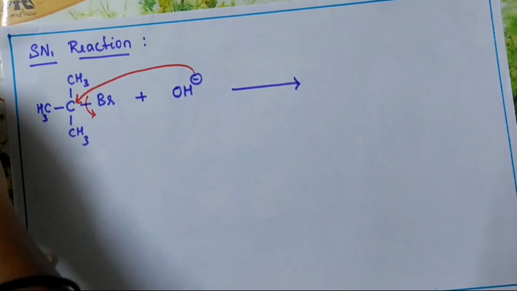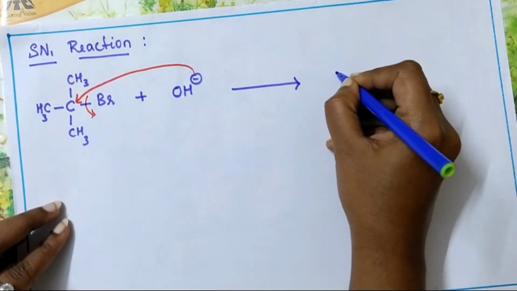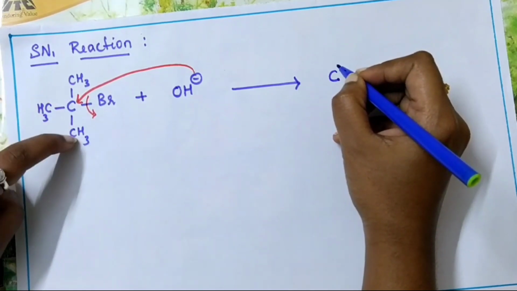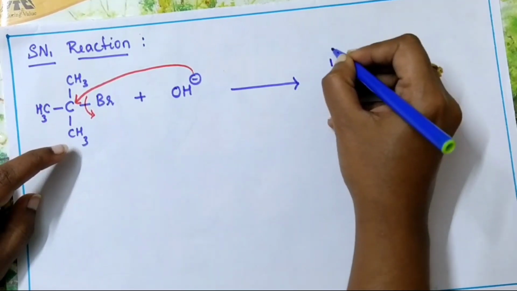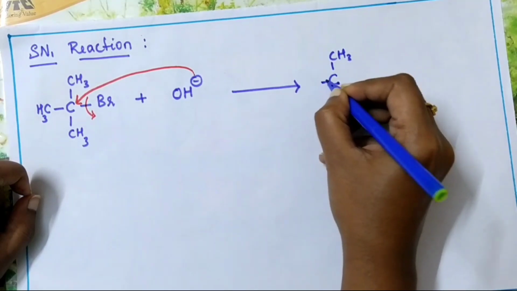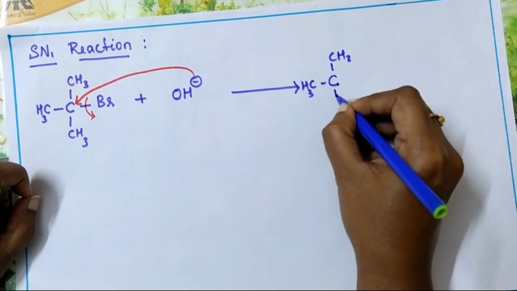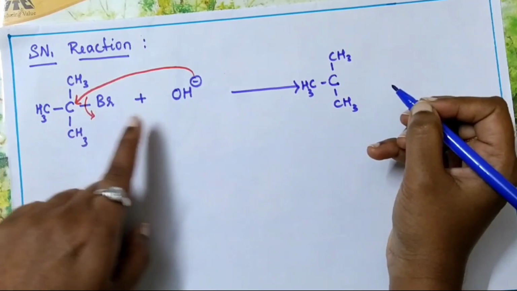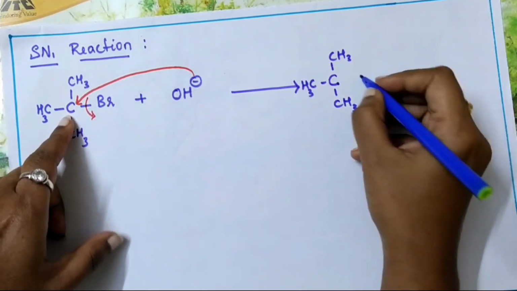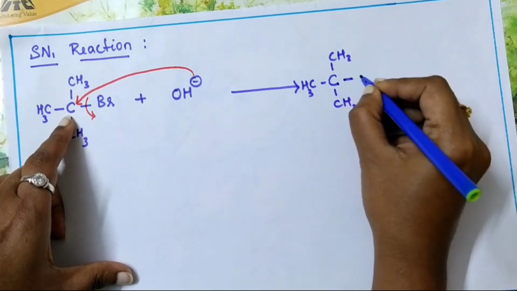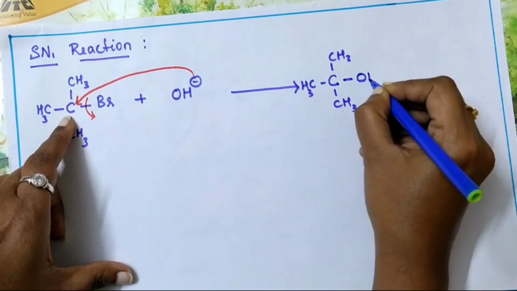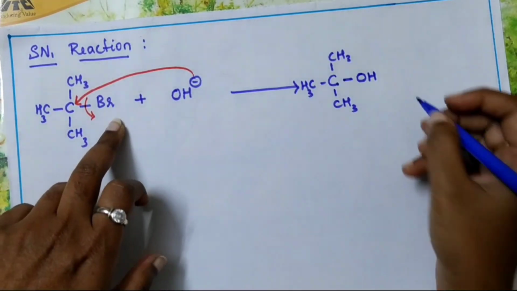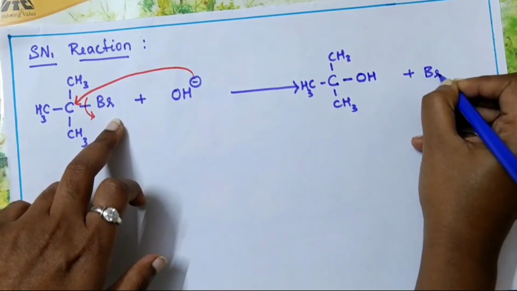So what is the product you are going to get? I will write the carbon as it is, and there is no disturbance for the other remaining 3 bonds. So let me write the remaining 3 bonds here: CH3, CH3 and CH3. This bond got broken and OH made a bond with the carbon atom. So I can write here the bond is with OH. What is left now? We have Br minus.